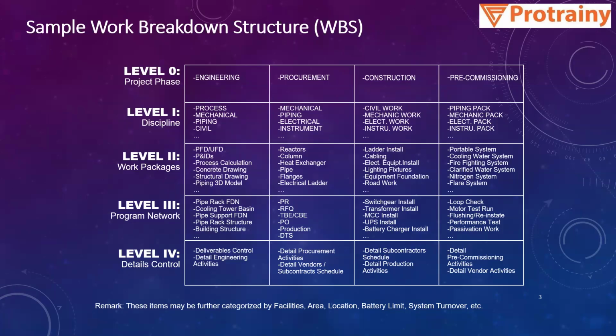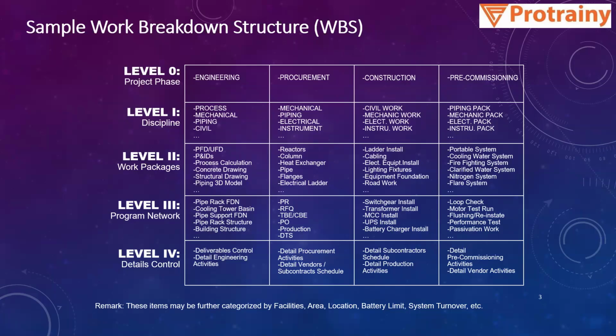Then at level 3, we have the units, the various units which we have seen right now. Then we have the pipe rack foundation, the cooling tower, the pipe rack structure, and then at the detailed control level, we further divide these based on stages, from start to issued for review.